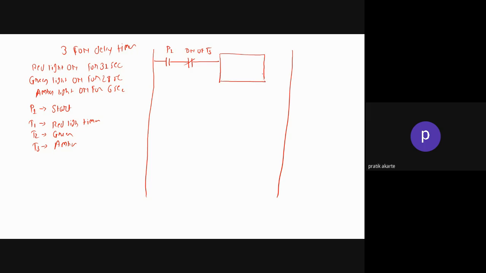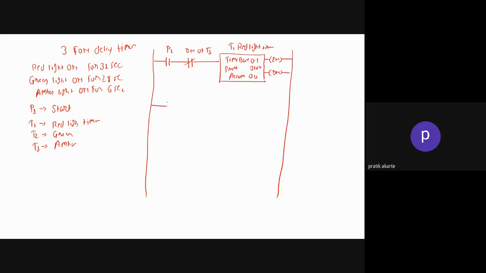So here I'll be putting the T1 timer, the red light timer. Okay, so here I'll have the time base of 0.01, preset value of 3100, that means 31 seconds, and accumulated value equal to 0. And over here I have the enable bit and done bit. This is my first rung.